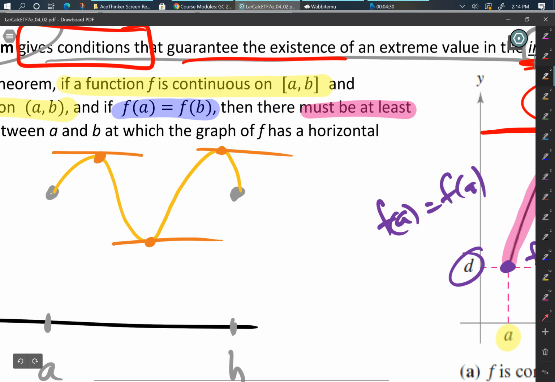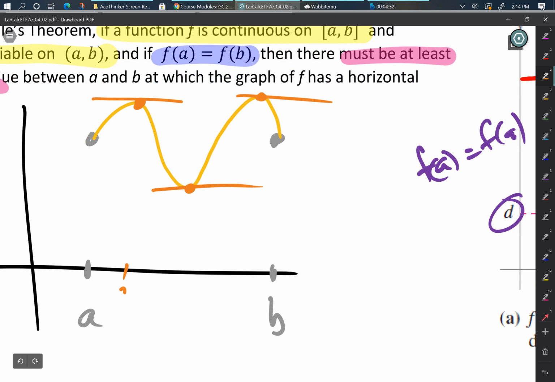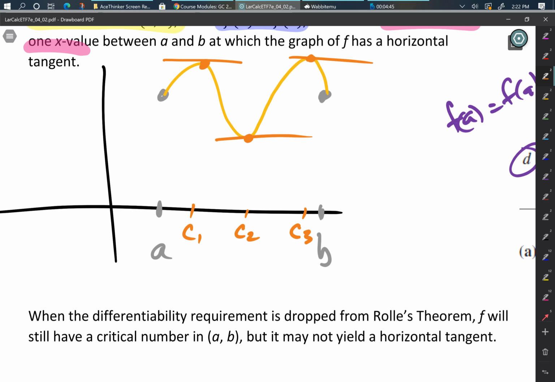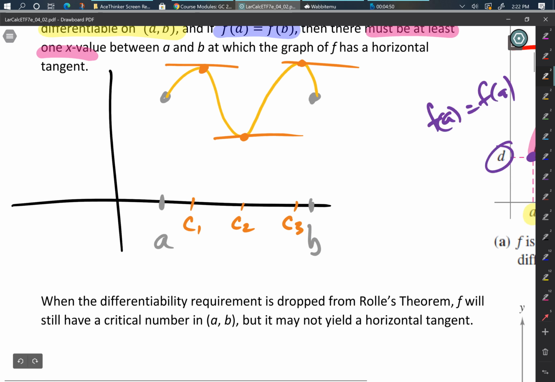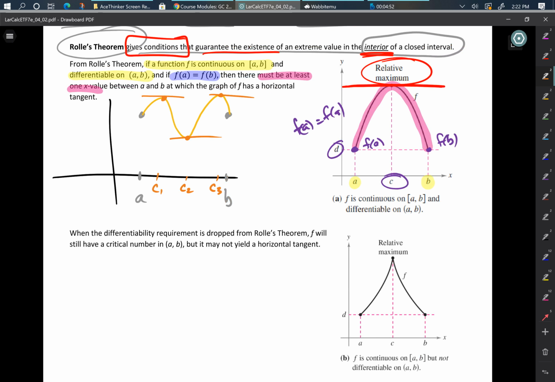And so instead of having one c, I'm going to have a c1, a c2, and a c3. And if I made it wiggle more, could I make it have more of these c values? So we can have one c, we can have many c's. All Rolle's theorem does is say that if some conditions are met, we can guarantee that we will have an extreme value, whether it's a max or a min or potentially both, somewhere in the interior.